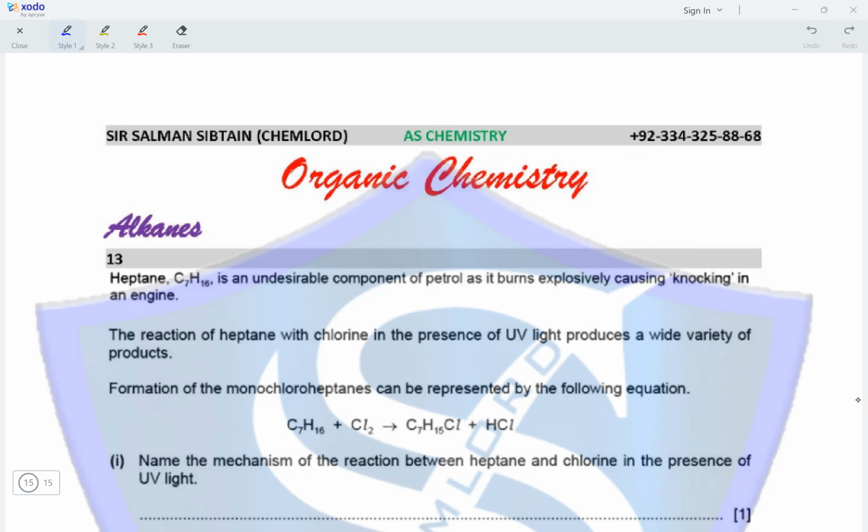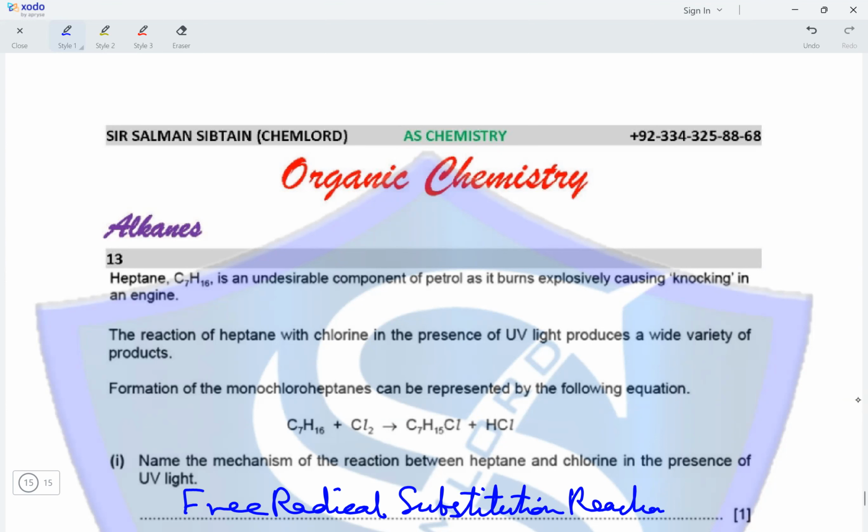So this is called the free radical substitution reaction mechanism.